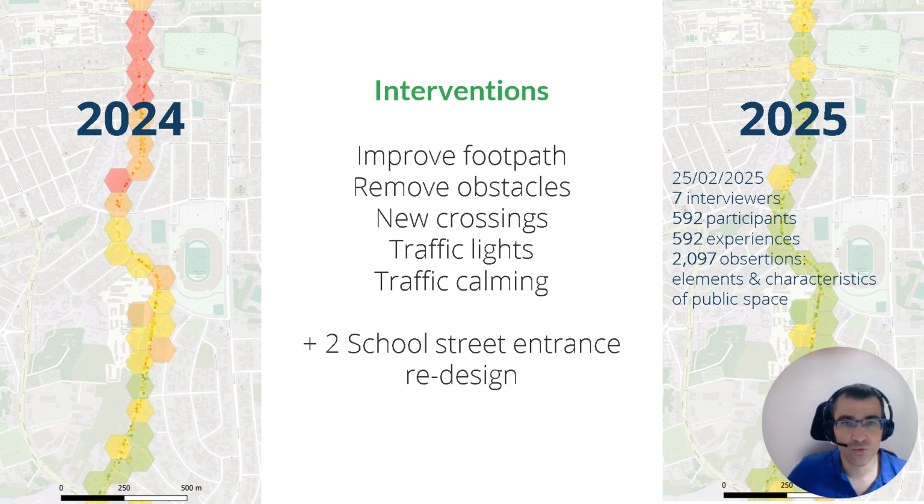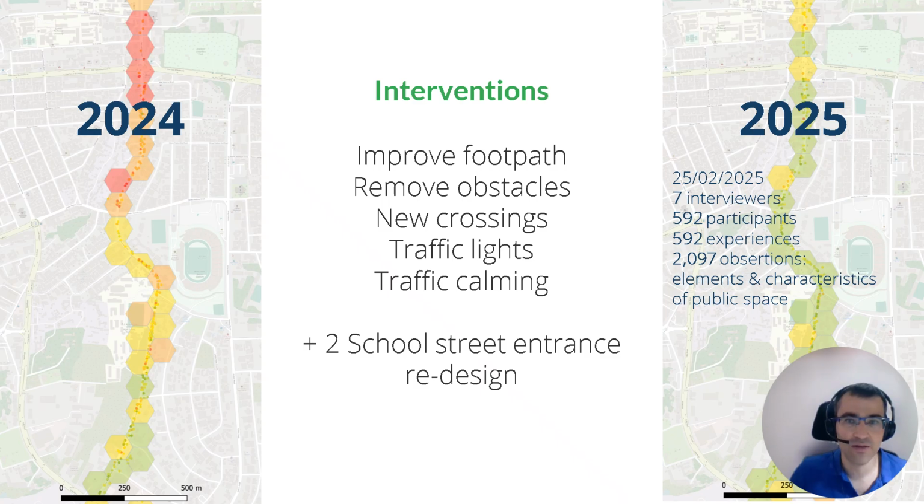The interventions were guided by the results of the previous study. So they improved the footpaths, they removed some obstacles, they put new crossings, traffic lights and traffic calming measures, and they improved 2 school entrances.